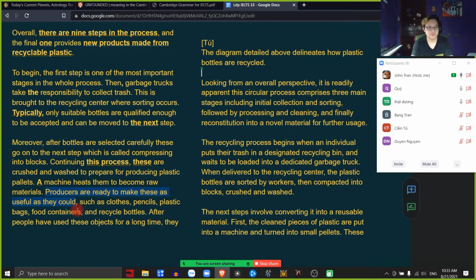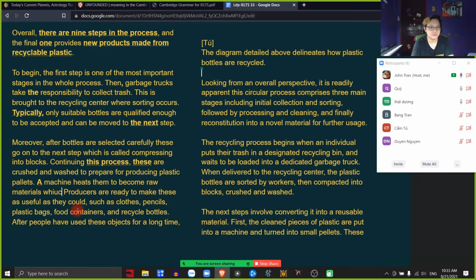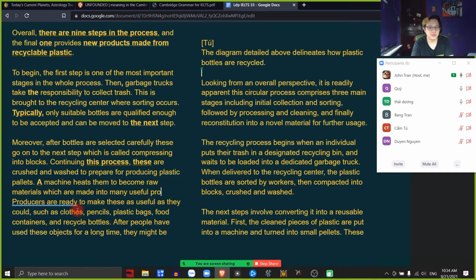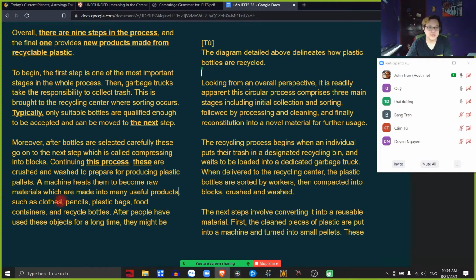Let's just say that the raw materials, which are made into many useful products such as clothes, pencils, plastic bags, food containers, and recyclable... Wait, recycled bottles?